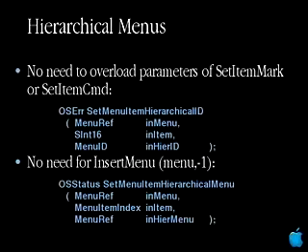But in the latest release of Carbon, we're also finally eliminating, I think, the last weird case of overloaded parameters, and that is InsertMenu and passing -1 for the after ID. You can now basically create a menu, decide which item to make it a hierarchical menu of, and pass the menu handle to the menu manager and let the menu manager worry about the rest.